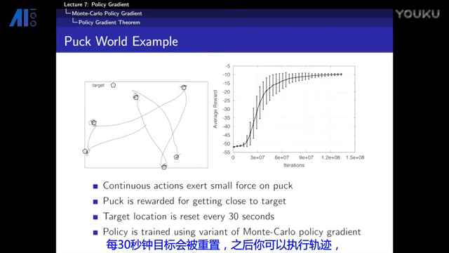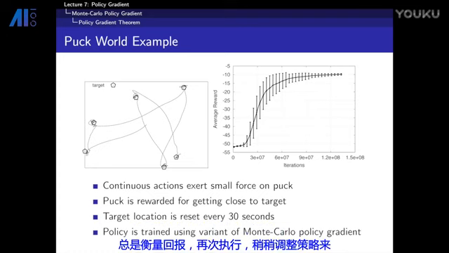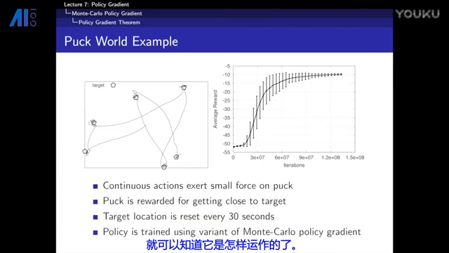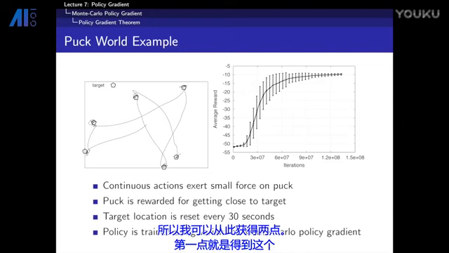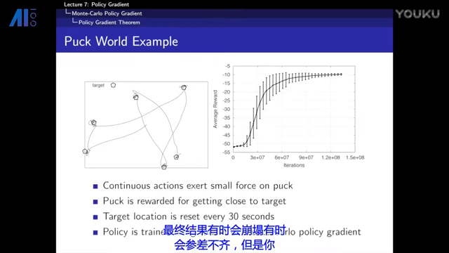You just run trajectories, and you use this Monte Carlo policy gradient, and you update in the direction of those returns. So you measure your return, you go back over it, and you adjust your policy a little bit in the direction that gets you more of those returns, and then you see how this works. And so there's two things I want you to take away from this. The first is that you get this very nice, smooth learning curve. Value-based reinforcement learning tends to be much more jaggy. You end up with sometimes collapses and sometimes chatters, but you can do very well.